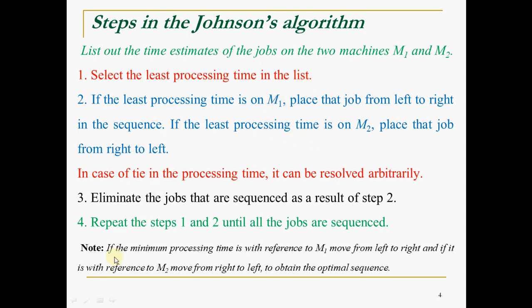So in a nutshell, if the minimum processing time is with reference to M1, move from left to right, and if it is with reference to M2, move from right to left to obtain the optimal sequence. You can take it like this.